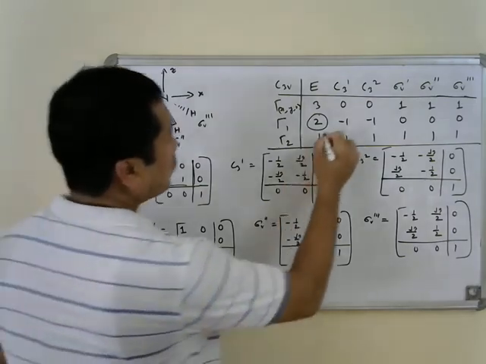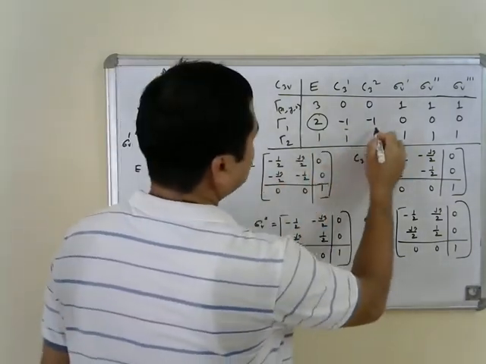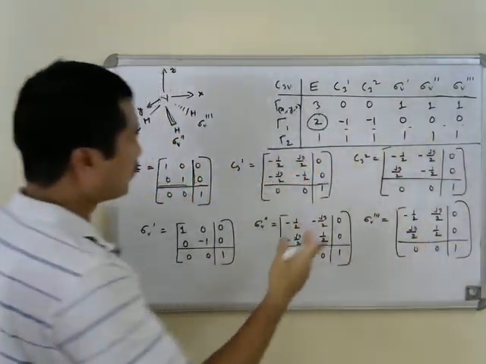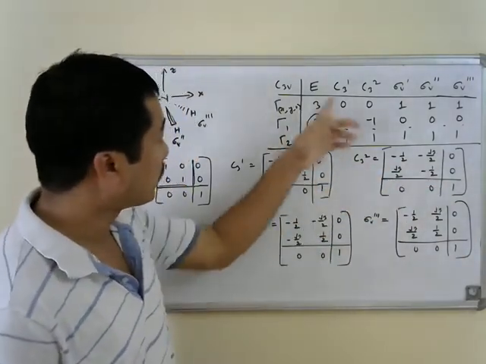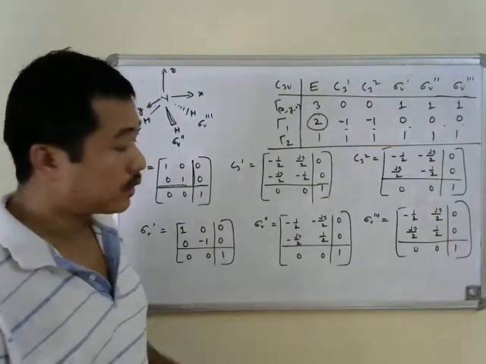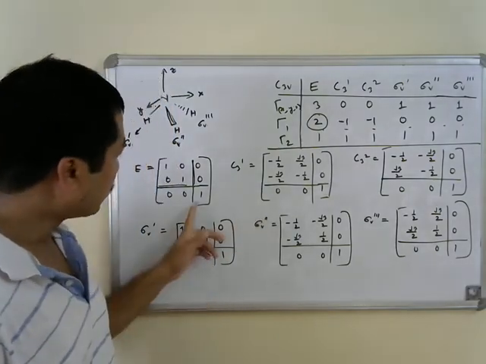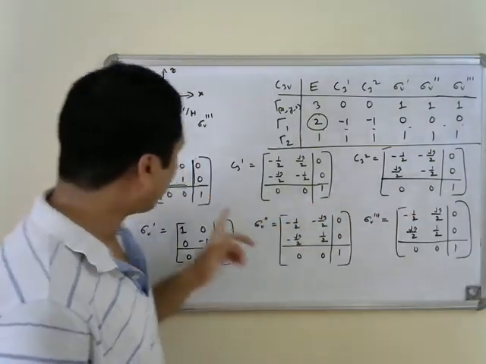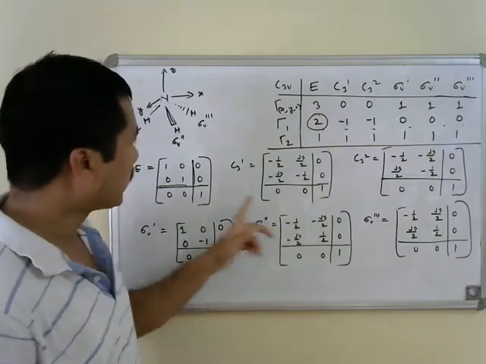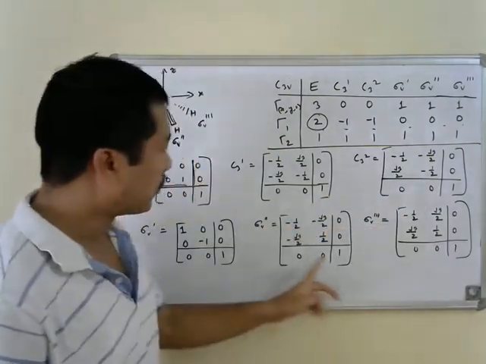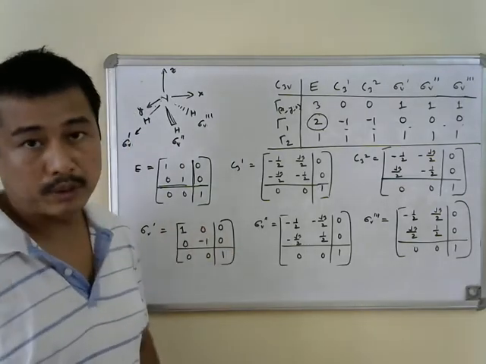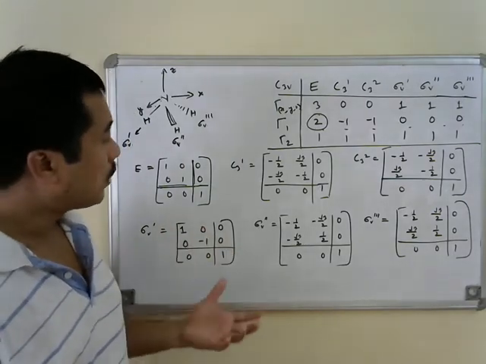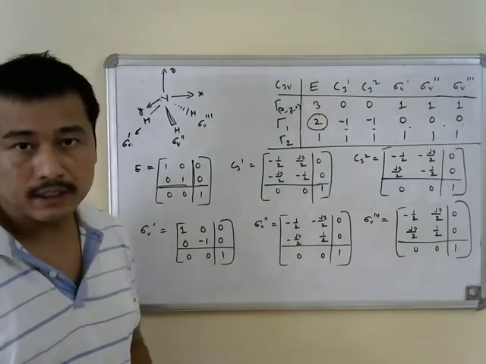So we have a two-dimensional representation, and we find the characters of all the symmetry operations for this two-dimensional irreducible representation. Also, there is a one-dimensional representation, and we find characters for all its operations within this reducible representation. So this is how we can block factorize the matrices.